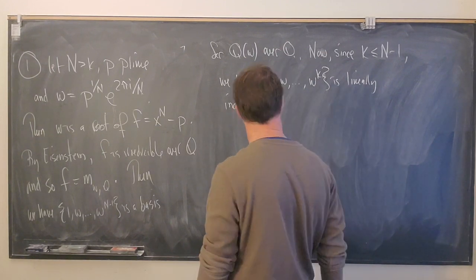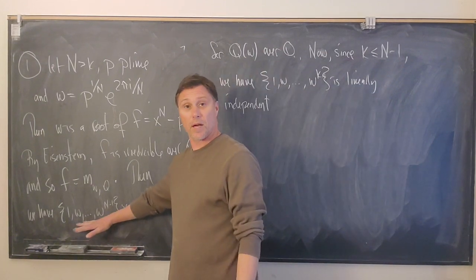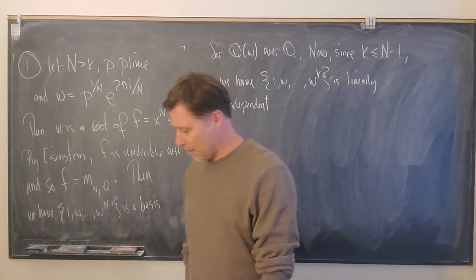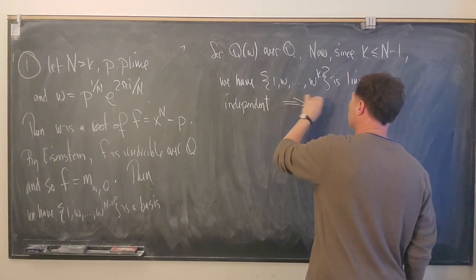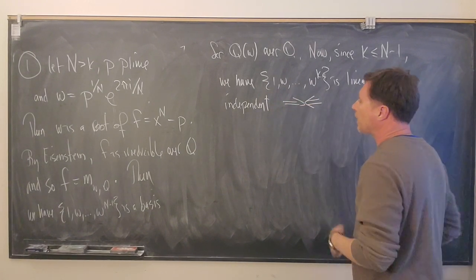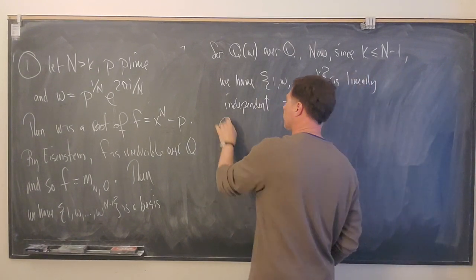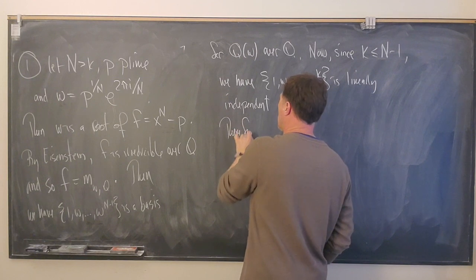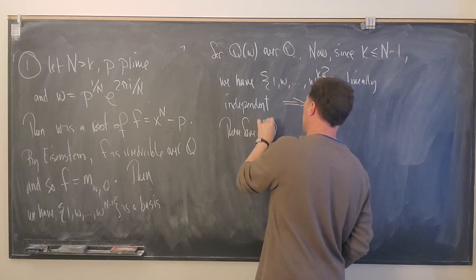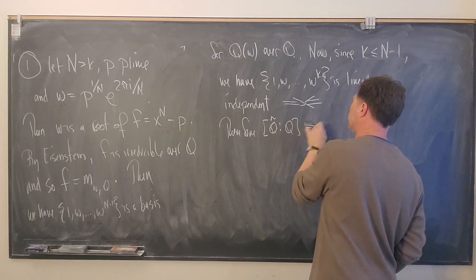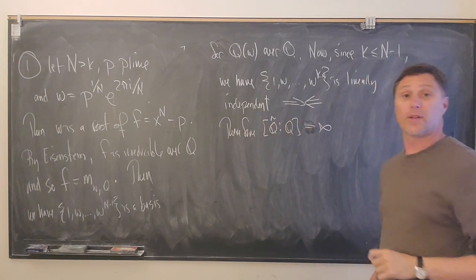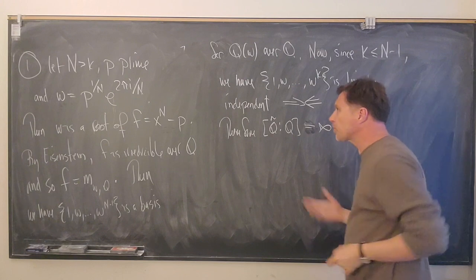It's a subset of this linearly independent set right there, which means it's linearly independent. But that's a contradiction. And from that we conclude, so therefore, Q tilde over Q, that's an infinite extension. So there's the first proof.